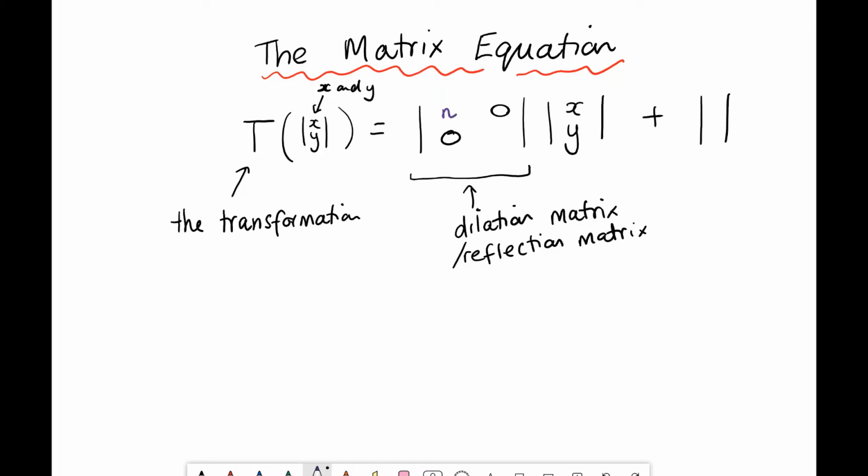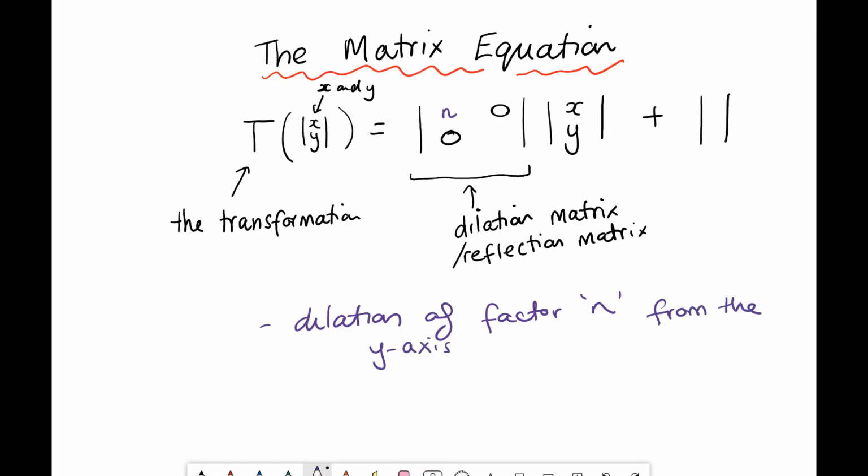So if I had an N there in the top left component, that would be multiplied by the X. And so we would call this a dilation of factor N. We don't have to worry about inverting this, about taking the reciprocal. This is a dilation of factor N from the y-axis.